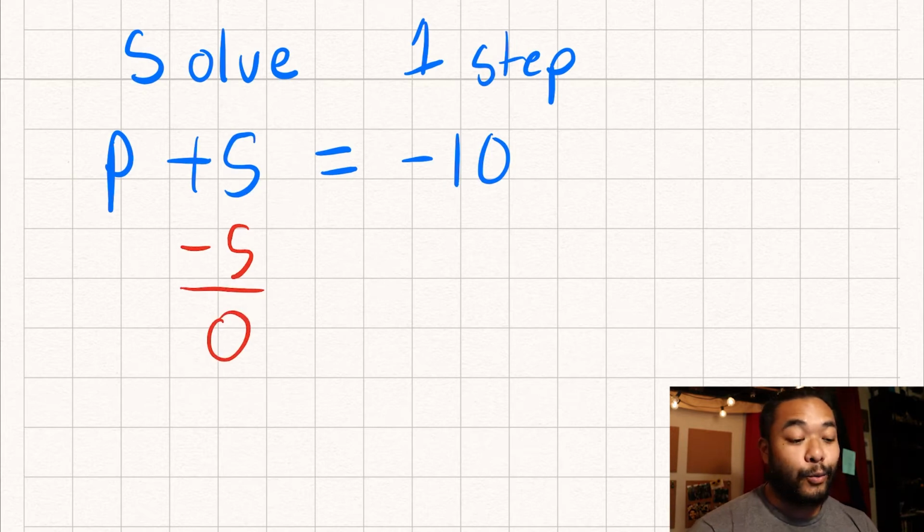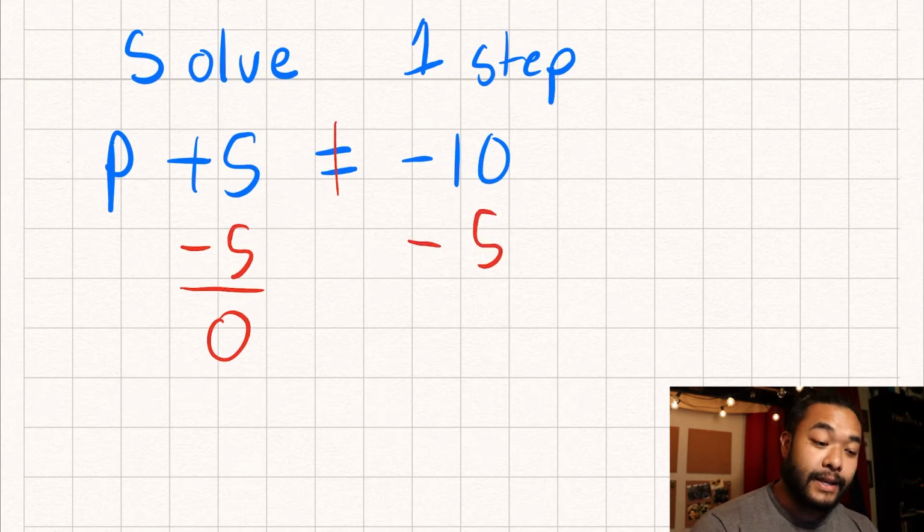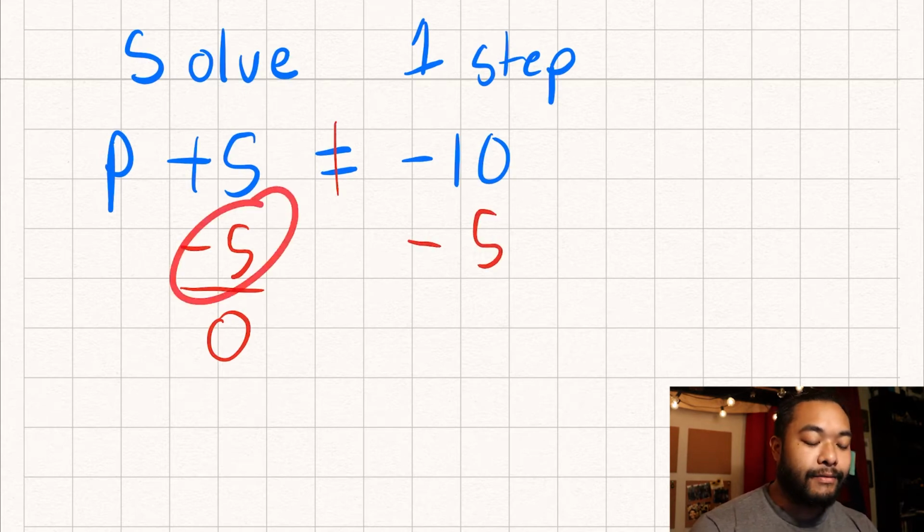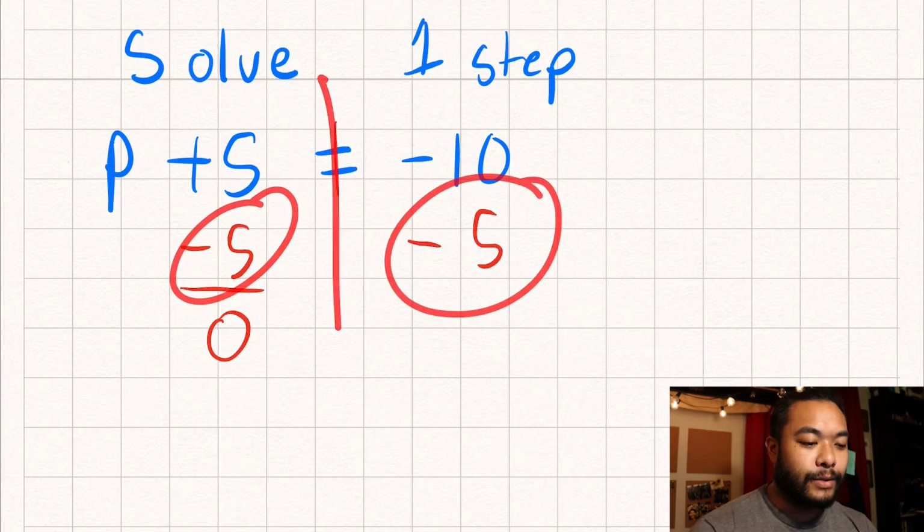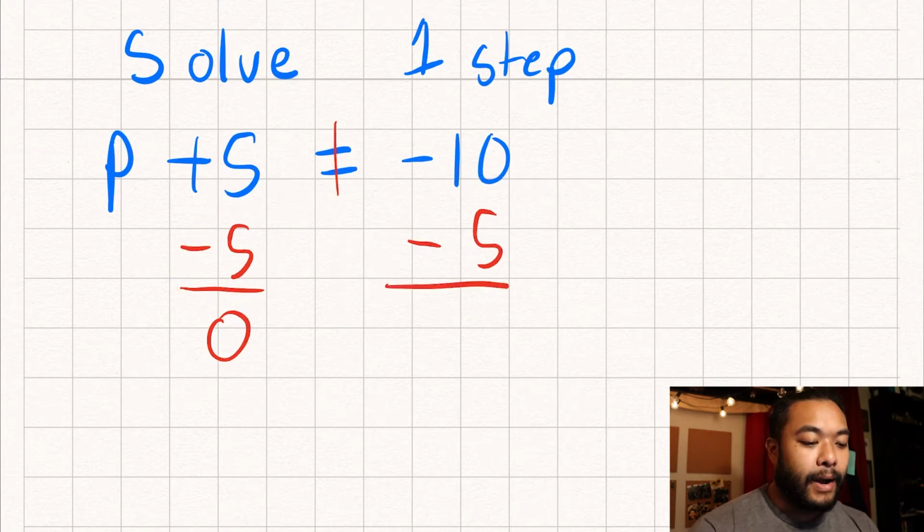And anything I do to one side, I must do to the other side of the equation. So minus 5 on this side, minus 5 on this side of my equal sign. And negative 10 minus 5 will give us negative 15.